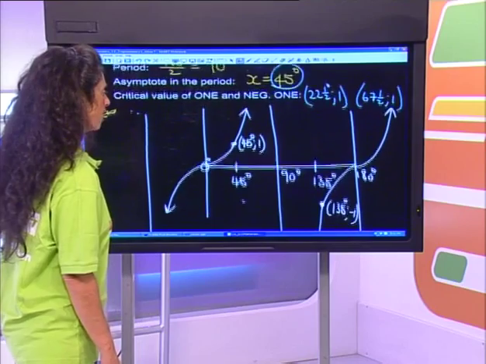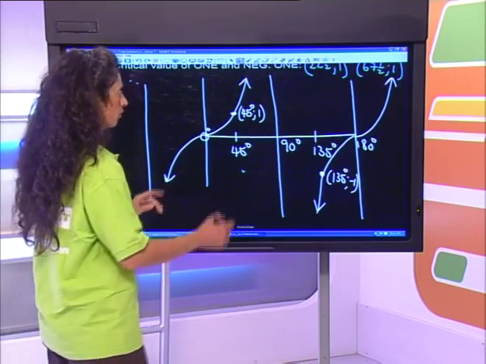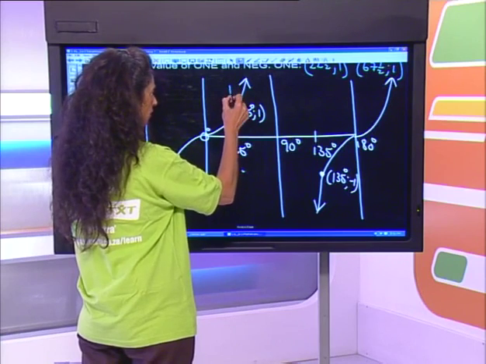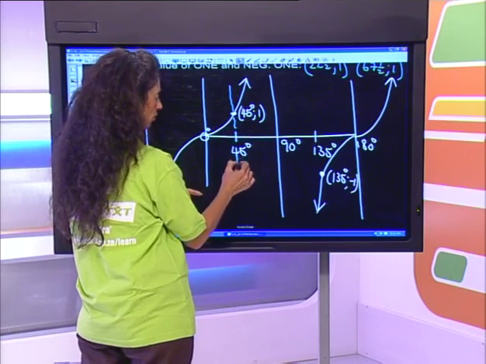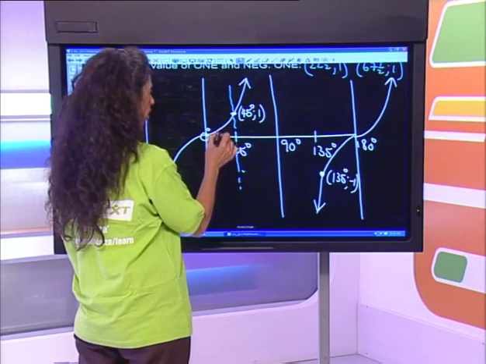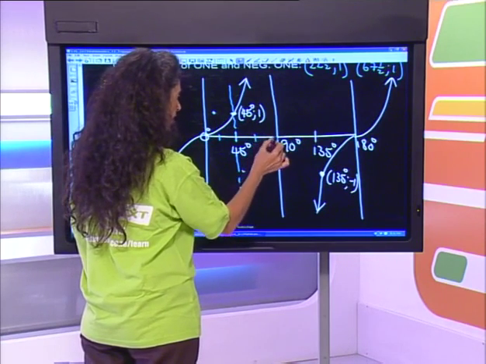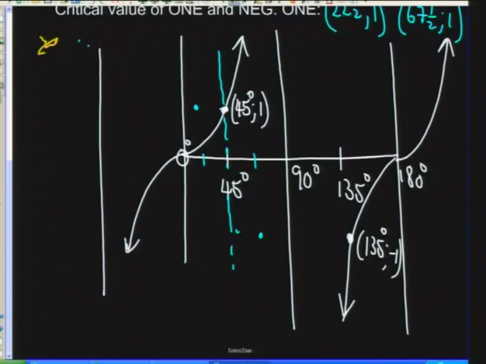So my graph now, I'm going to have to get a whole cycle in here. This is going to be my new asymptote. Then at 22 and a half, I'm going to get 1. At 67 and a half, here we go, I'm going to get negative 1. And so here's my tan function now.